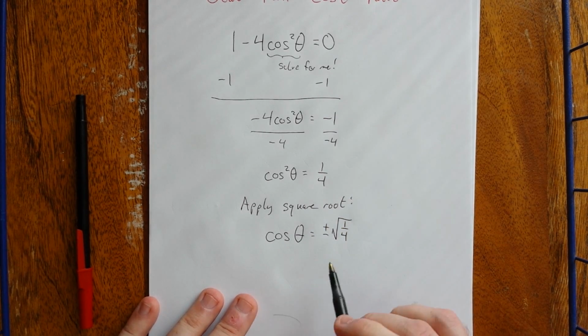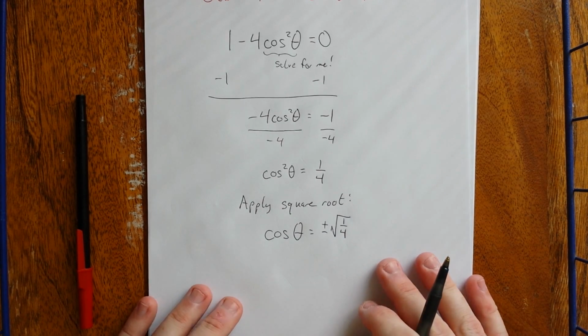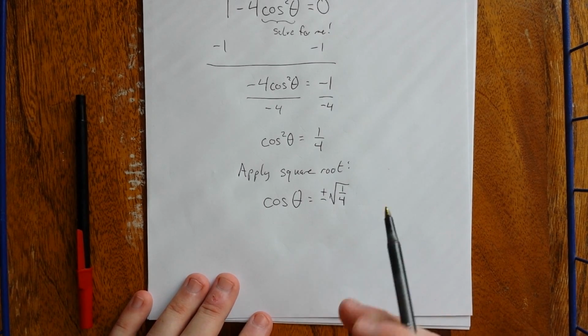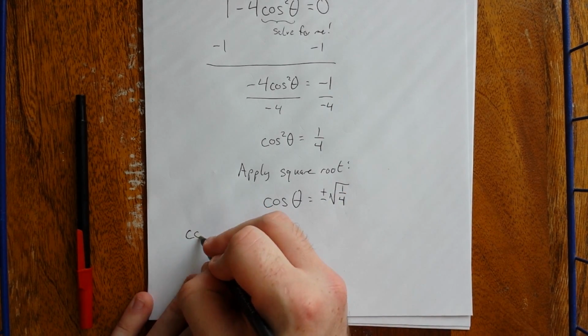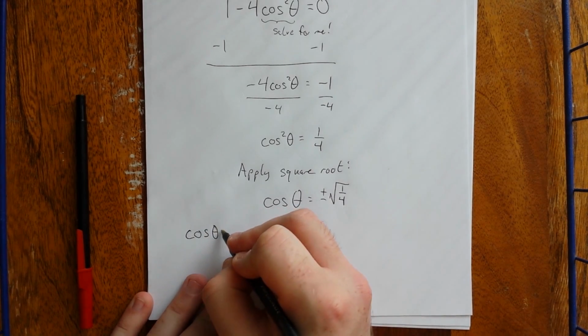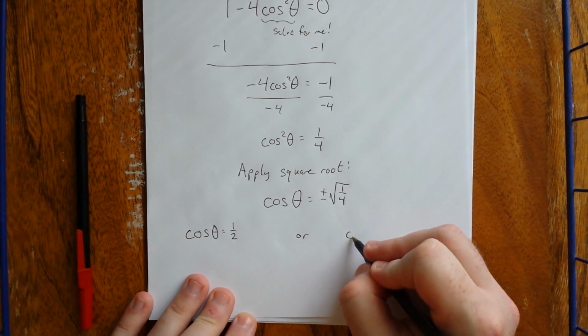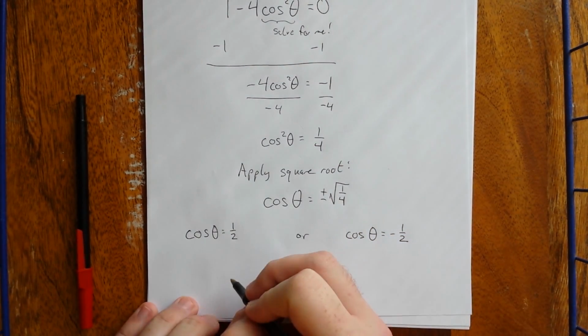Anytime we take a square root of both sides of an equation, generally you're going to see a plus or minus sign. We've talked about that before when we were solving for values of a, b, and r on the circles. So this takes us down to two possibilities. Cosine of theta is equal to 1/2, or cosine of theta is equal to negative 1/2.